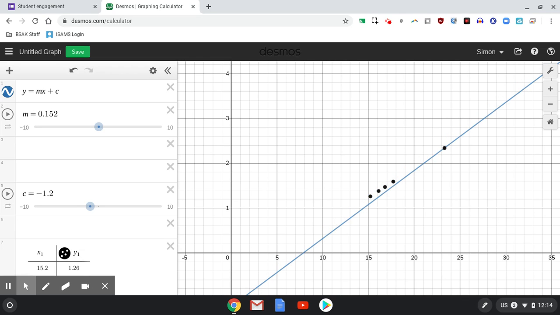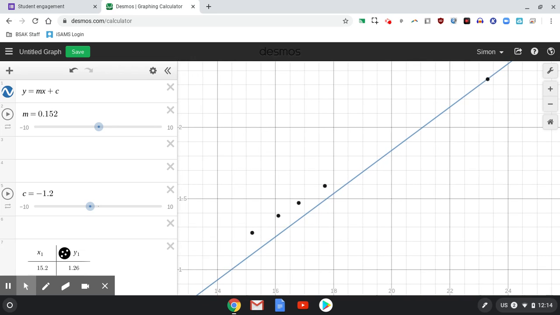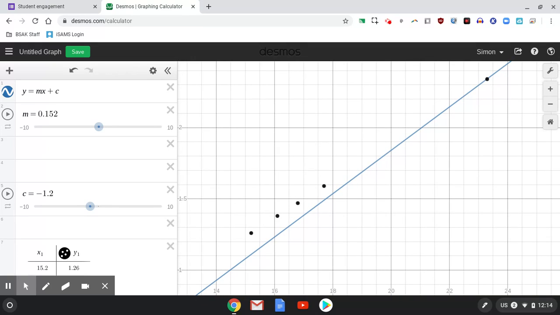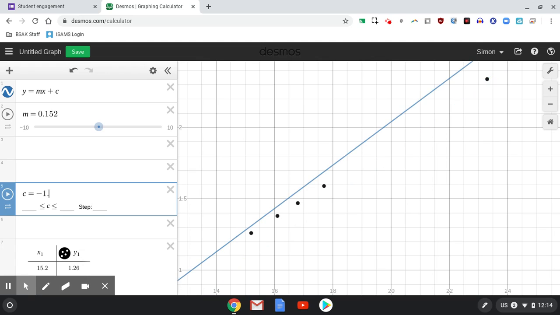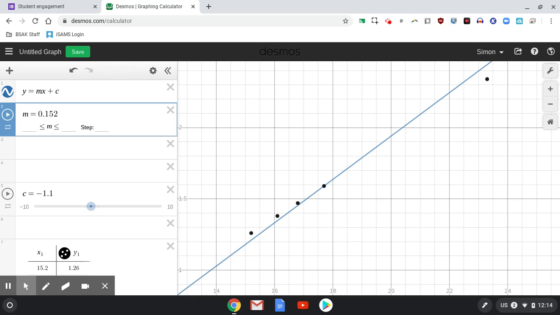Now this is where we can zoom in, can't we? We can zoom right in now. So what do we need to do? We need to take it closer to the origin. So let's take that down to 1510. Right, let's stick with that. Then we need to drop the gradient, don't we?